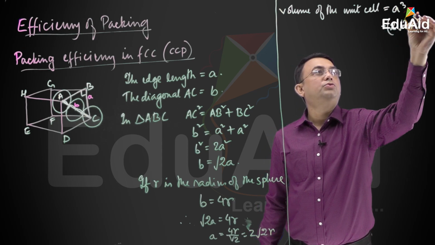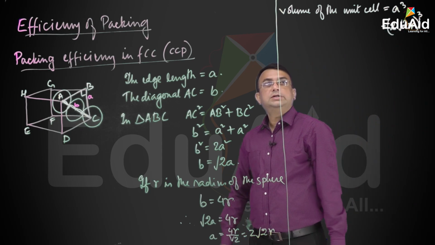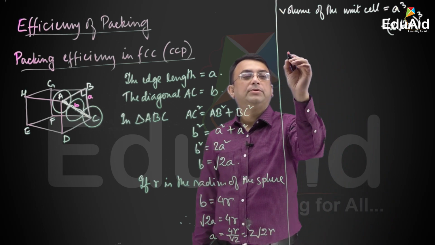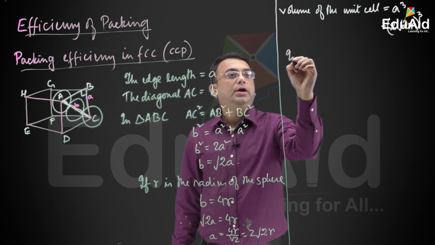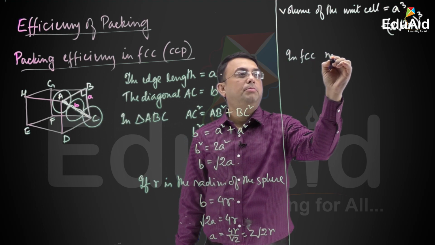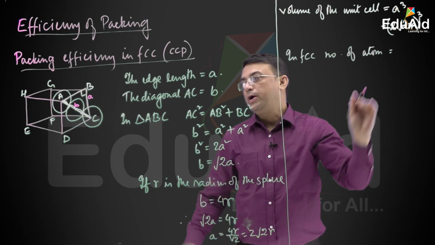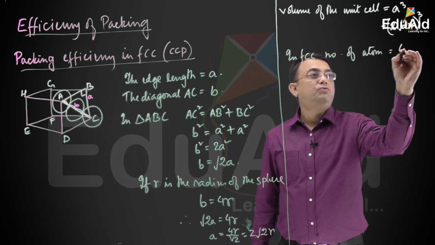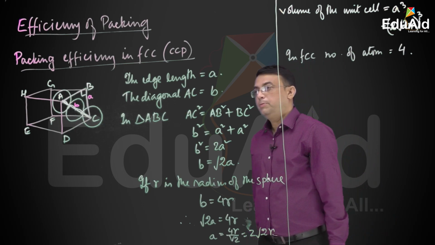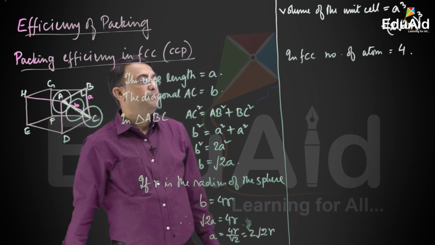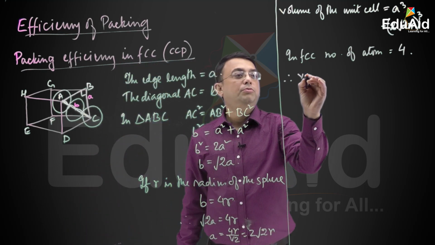So (2 root 2 r) whole cube, that is the volume of the unit cell. Now it is familiar to you that in FCC the number of atoms, which are considered to be spheres, is 4, isn't it. তেনেহলে এই unit cell ত 4 টা গোলক থাকিব, 4 টা sphere থাকিব.